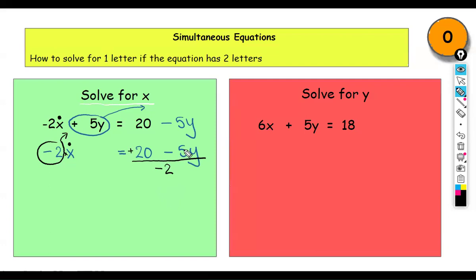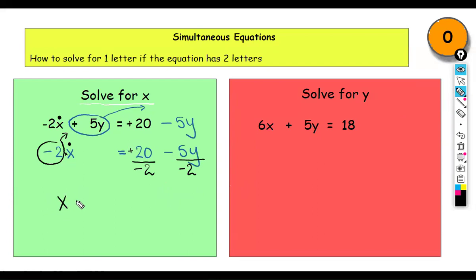This means that both of them at the same time get divided by -2. But most people don't waste time to do that. Instead, write a separate divide sign for each one of them, and then separately divide each of them by -2. That's the best way. And remember, this 20 was positive 20.